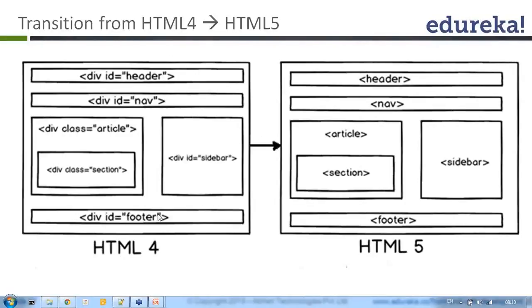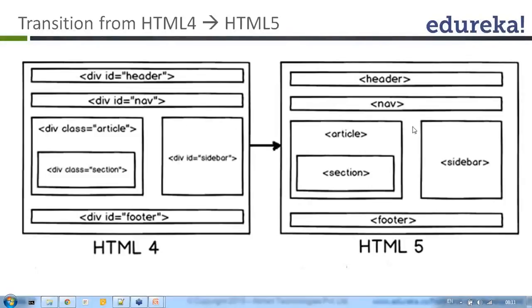And if someone has structured an HTML4 page like this, then it's quite easy to convert to an HTML5 page. Just replace that div tag with the header tag. Similarly, the second div tag which has ID value nav, just replace with nav tag. Similarly, the class article div tag, replace with article tag, and div class section as section, sidebar, footer, and so on.